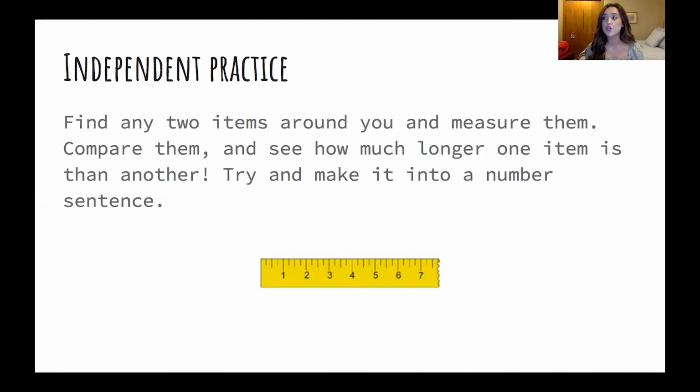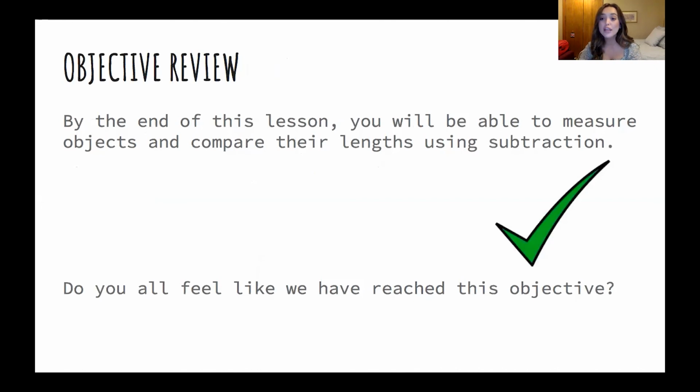You guys could use markers, or maybe even if you have spices in your spice cabinet or picture frames or whatever you want, just find any 2 items and measure them. Compare them and see how much longer one item is than the other. And try to make a number sentence with that. So this is your time to pause this video and go ahead and do that.